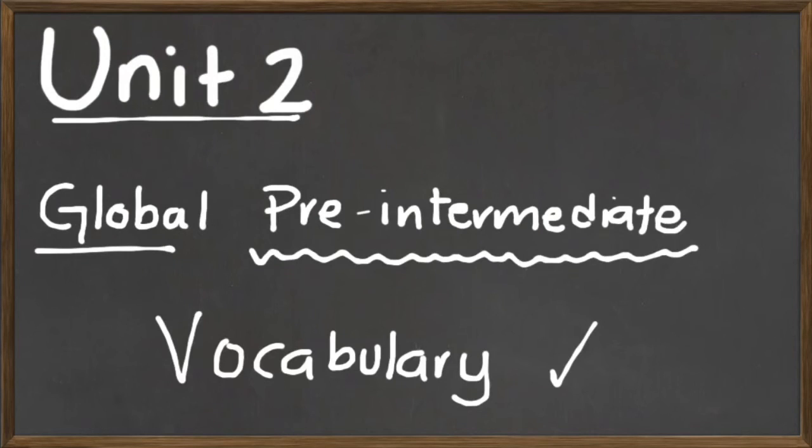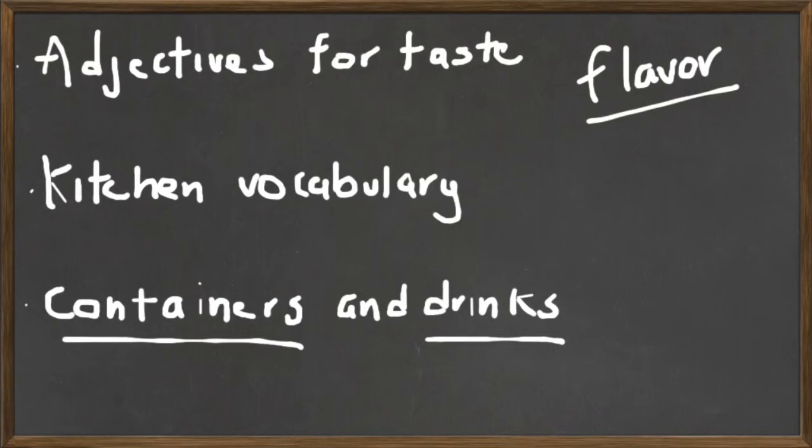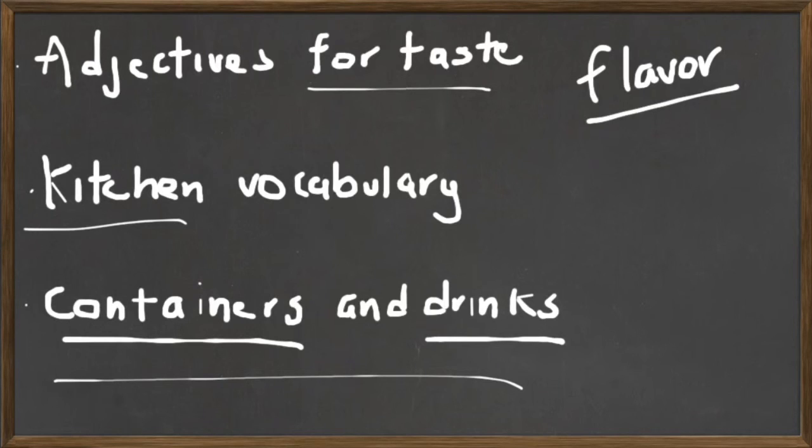And well, let's recap a little bit. We talked about Unit 2. For you, pre-intermediate student, we're doing our Global English book, and this is your virtual class for vocabulary. We talked about adjectives for taste, kitchen vocabulary, and some containers and drinks.